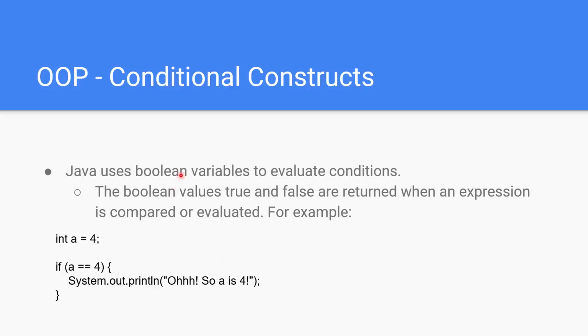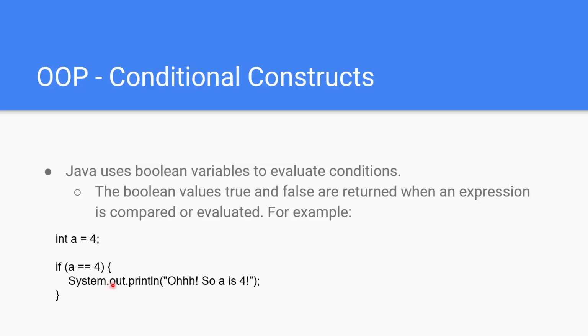Java uses Boolean variables to evaluate conditions. What Java will do is test for a certain condition and look for that condition to return either true or false. If we look at this example, and this is a typical example, we can see our a variable is equal to 4, and then down here with this if statement, you'll see there is a condition to evaluate, and then there is a block of code.